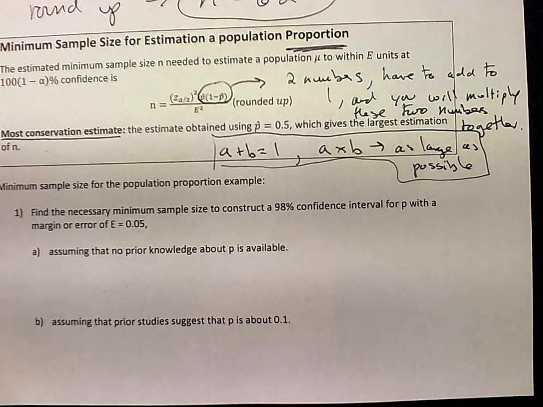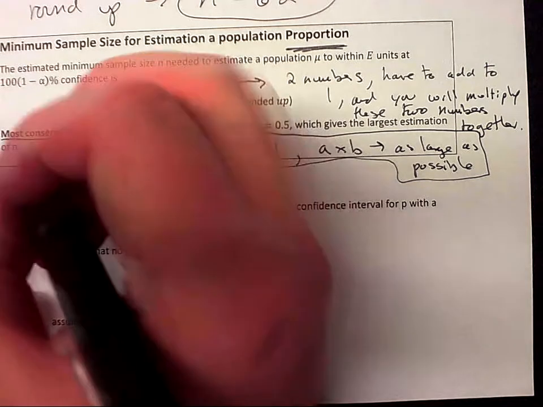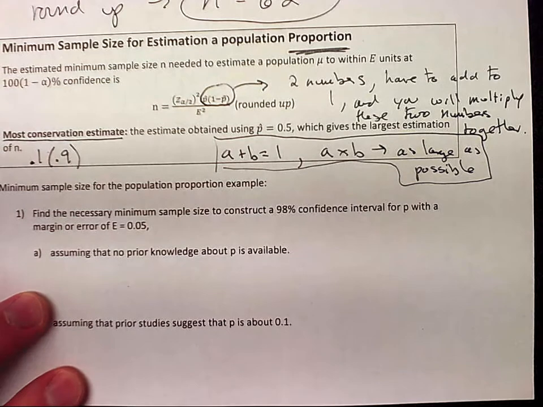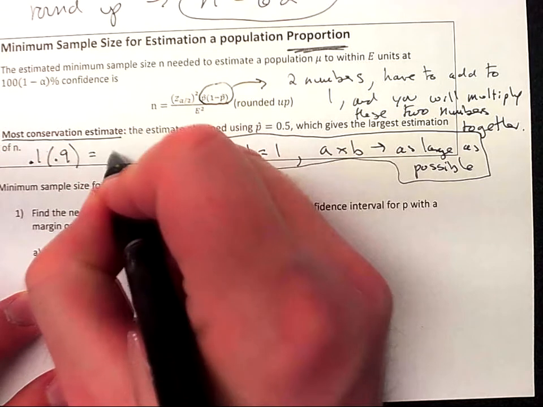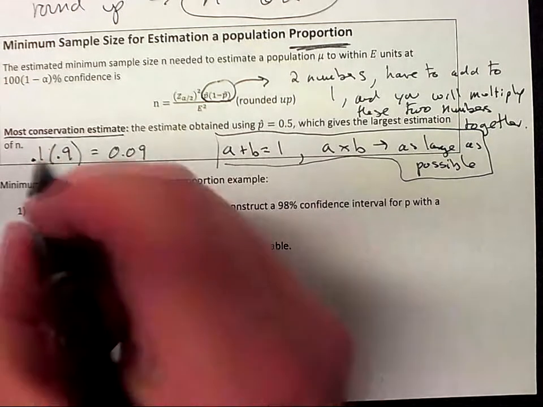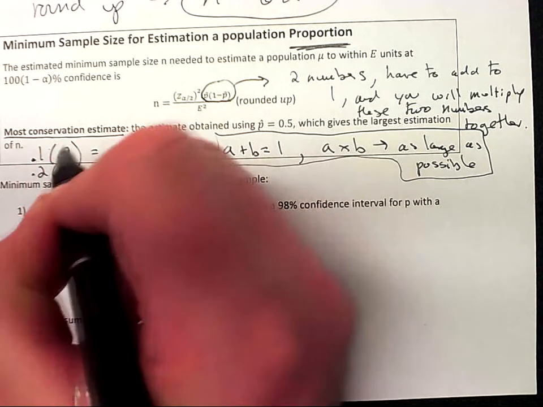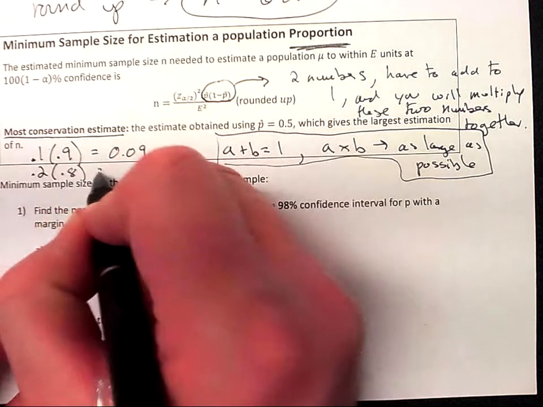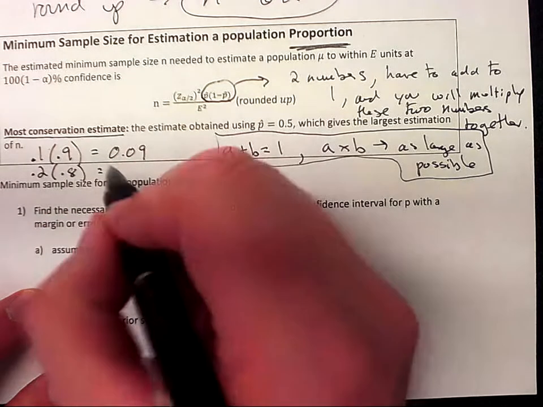Let's say it wasn't 0.5 and 0.5. Let's say A was 0.1 and B is 0.9. Those two things add up to 1. What does this come out to be? 0.09. Right? Let's say that you make this a little bit bigger, 0.2, and then what does B have to be? 0.8. What do these two things come out to be?